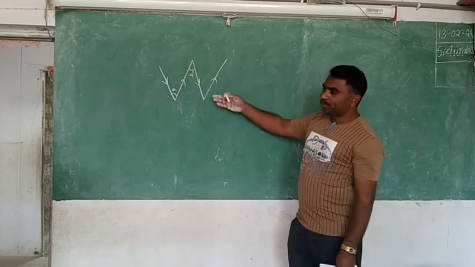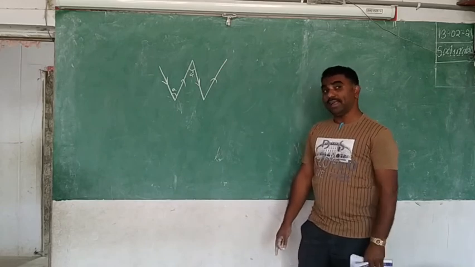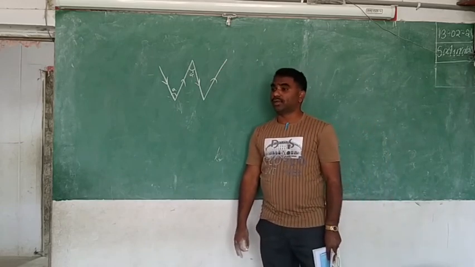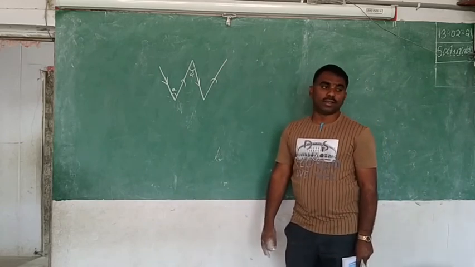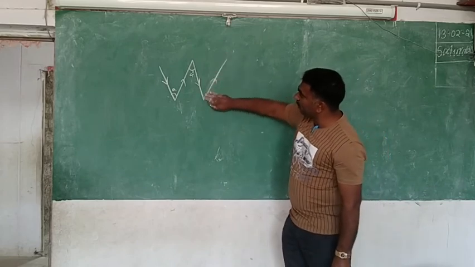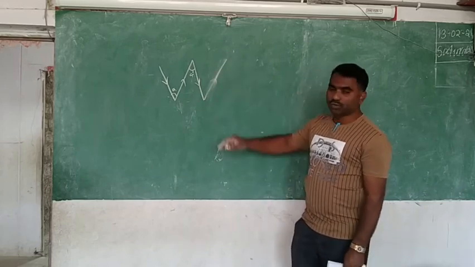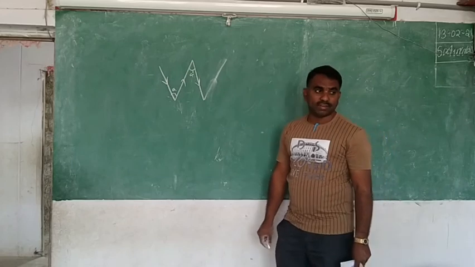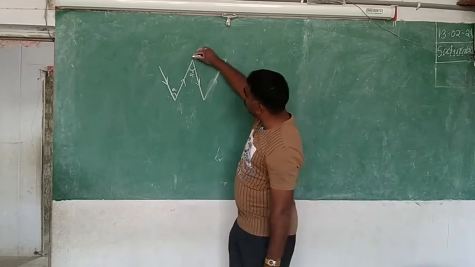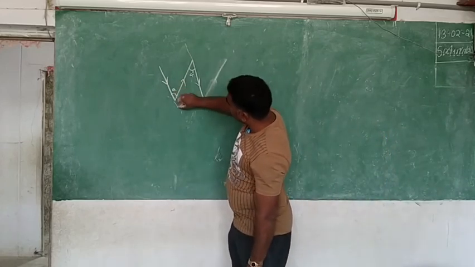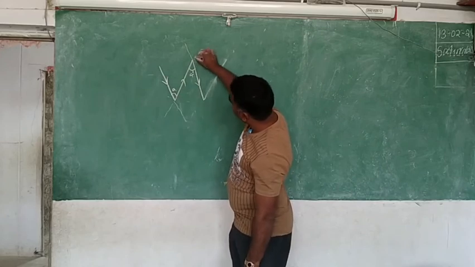Now parallel lines are there, and transversals are also there. First, leave this one, only see this. Here a transversal is there. How do you find it?